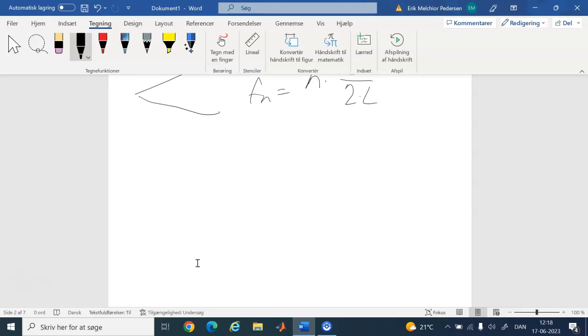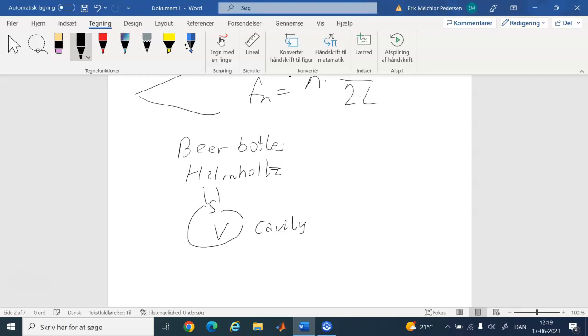So you can have some other kind of cavities, for example, beer bottles. It's like a Helmholtz oscillator, with some frequencies, a cavity, and S is an area, and L effective. The effective length is a little bit longer than the physical length. So there should be a correction term here.